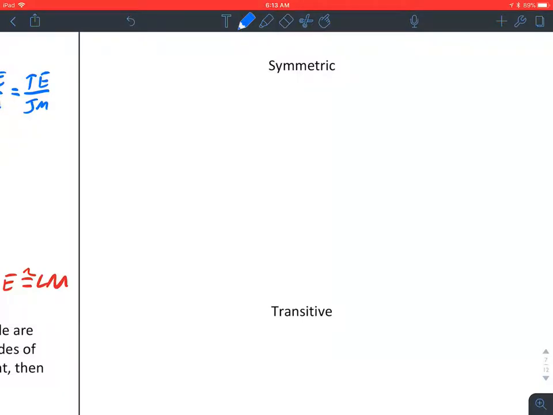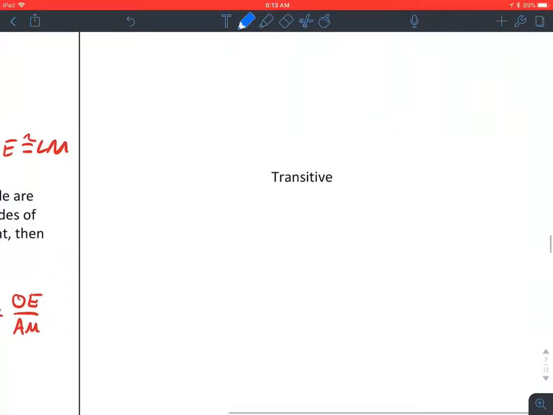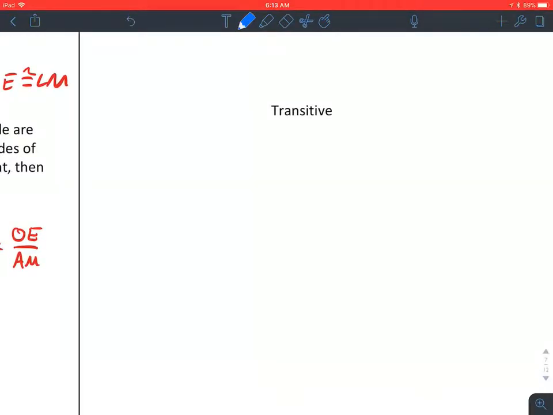Symmetric. This involves two triangles. If triangle HOT is similar to triangle MEOW, then triangle MEOW is similar to triangle HOT. Transitive. This involves three triangles.